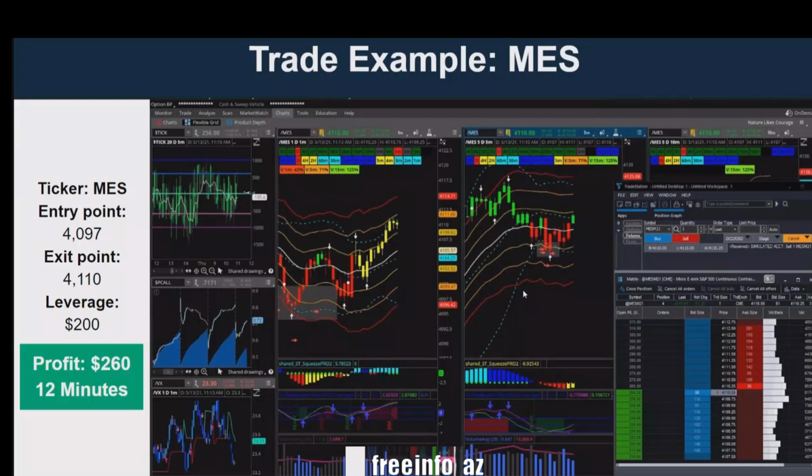So it's very interesting. Like in this trade example right here, this was $260 in 12 minutes, and I had good reason to be long this market from 4,097, and the exit point was only 13 points away. But it turns out on this particular day, it would keep going and going and going.